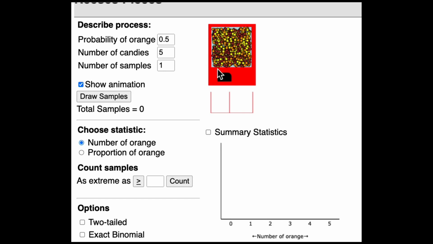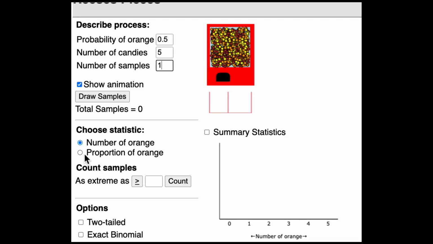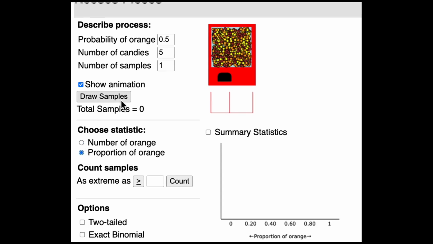And let's just say you get to put in a nickel or quarter in there, and you get to determine how many pieces of candy are coming out. Okay, so let's just do this. And I'm going to show the proportion of orange, okay? All right, so here goes the machine.